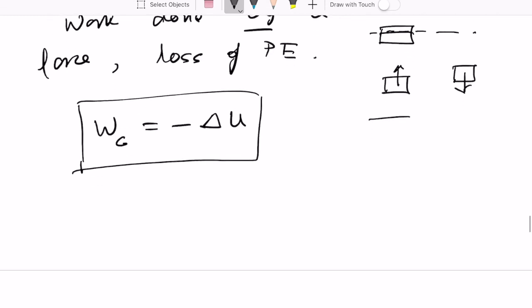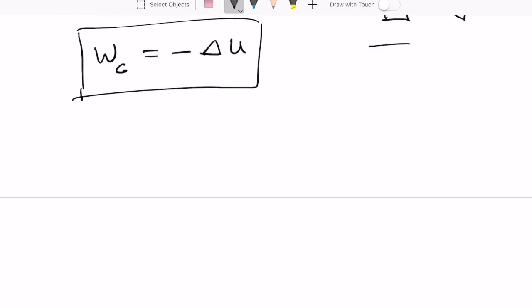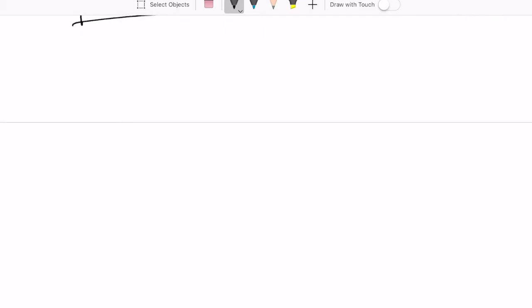What we're going to do next is use this extremely important equation, W_C equals minus delta U, to calculate potential energy in two very important scenarios. We've learned about two conservative forces in this chapter so far, and these are the only two that you're going to see in physics 1.